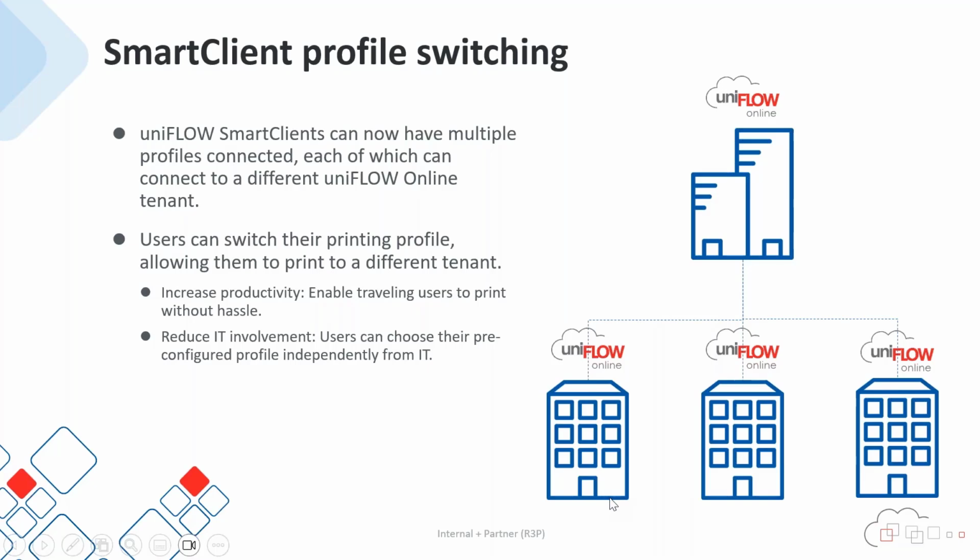By doing so, they empower themselves, and they don't have the burden of IT supporting them doing this. Now that we understand how profile switching works, let's examine the straightforward process for changing their tenant and submitting print jobs.